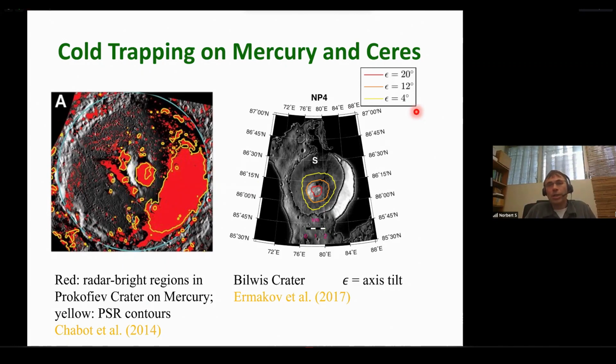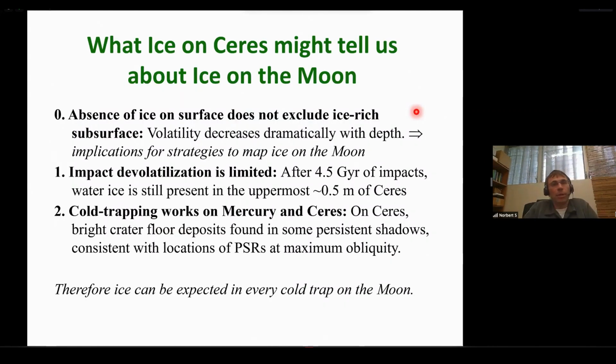So the moon may just have a lower supply of water, at least a recent supply of water, because all the cold traps got erased when the moon underwent a spin flip about 2 billion years ago. The recent supply of water to the moon may have just been less than on Ceres and on Mercury. I know at least two plausible reasons why this may be the case. And if cold trapping works on the moon, there is ice in every cold trap.